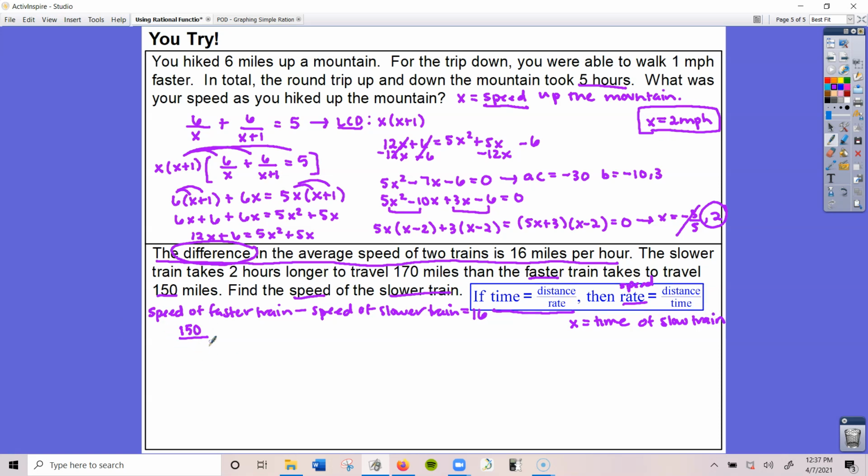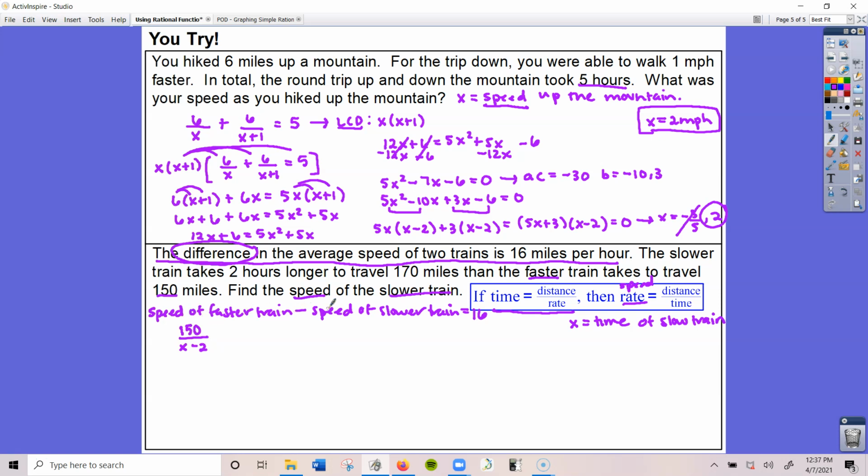So that means here that the time that it takes for the faster train is going to be x minus 2. And we get this minus 2 because it says here that the slower train takes 2 hours longer to travel than the faster train. So if it's 2 hours longer, that means that the faster train is 2 hours faster. So the time that it takes for the faster train is the time of the slow train minus those 2 hours, since it is faster.